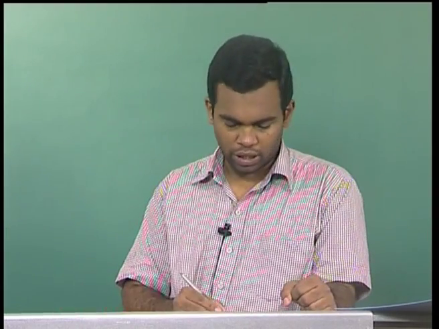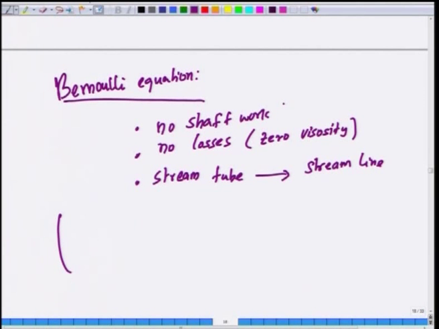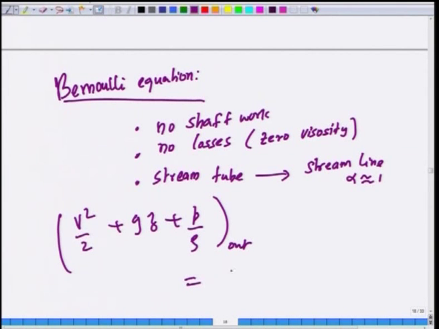In that case, when you have a streamline, alpha is approximately 1. So we said that v squared by 2 plus gz plus p by rho at the outlet must be identically equal to v squared by 2 plus gz plus p by rho at the inlet.